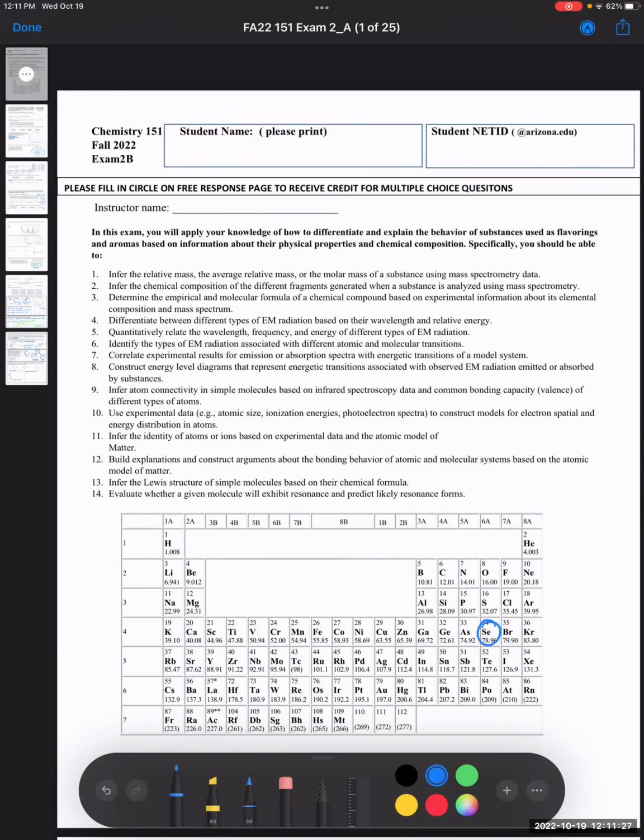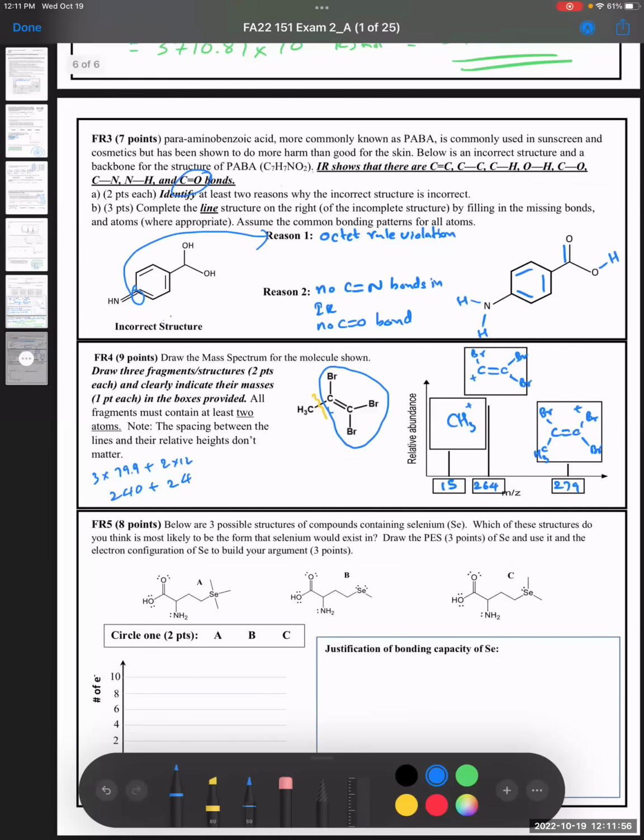Selenium has the argon core shell, then 4s2 filled, then 3d10 completely filled, and in the fourth shell we have 4p4.